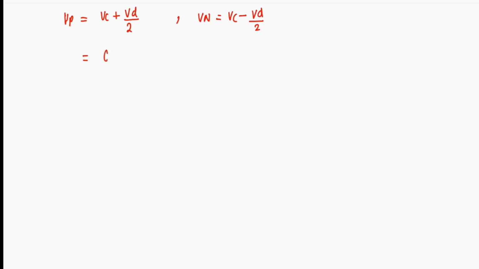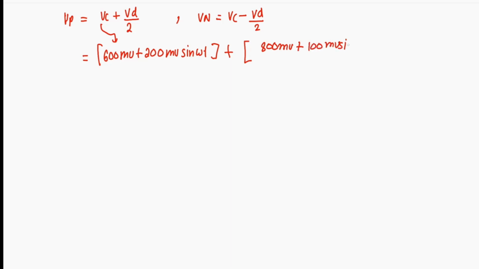So this will be 600 millivolt plus 200 millivolt sin omega t. This one is Vc. And at the D terminal, what did we apply? We applied 800 millivolt of DC plus 100 millivolt of sinusoidal signal.